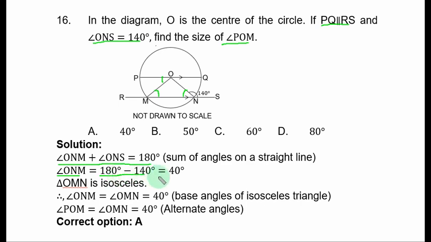If you subtract, you have 40 degrees. Now triangle OMN is an isosceles triangle because you have equal radii. So the base angles are equal. That is 40 degrees. As I said earlier, angle POM is equal to angle OMN. That is 40 degrees. The reason is that they are alternate angles. So A is the correct option.